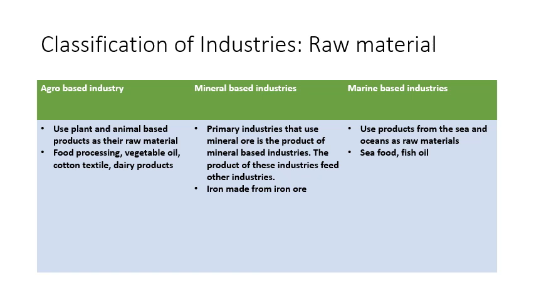As I gave you the example, tomato ketchup is an example of agro-based industry, because tomato is completely connected with plant-based products, isn't it? For example, food processing, vegetable oil, cotton textiles, dairy products. These are all examples of agro-based industry.